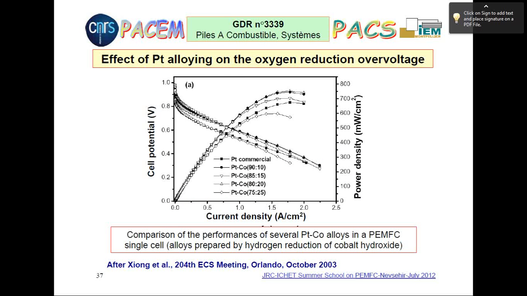For the cell with platinum cobalt, that's a result for a single cell, you also have some improvement with platinum cobalt 90-10 or 80-20.